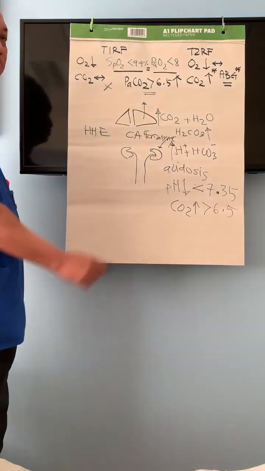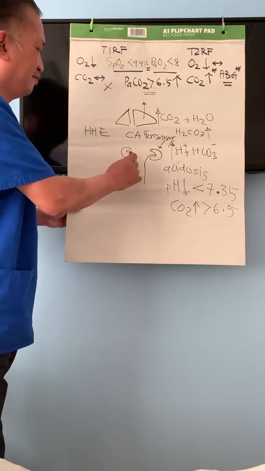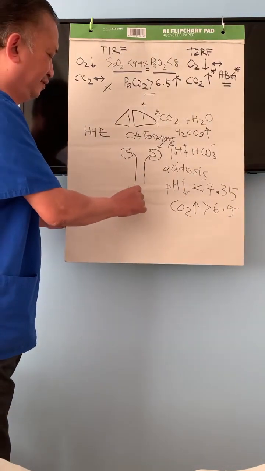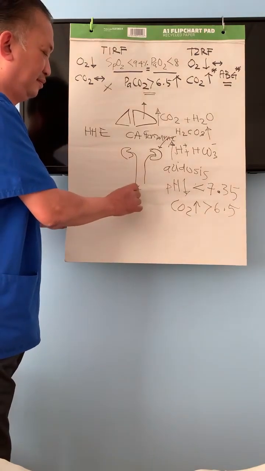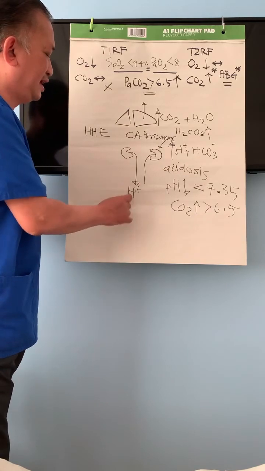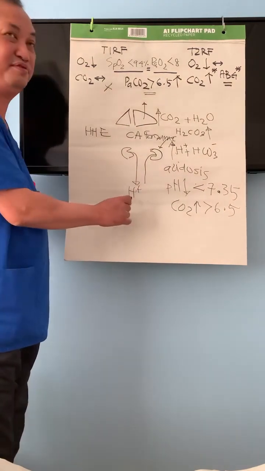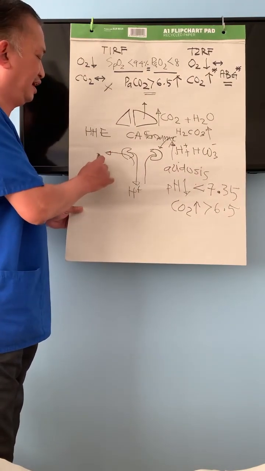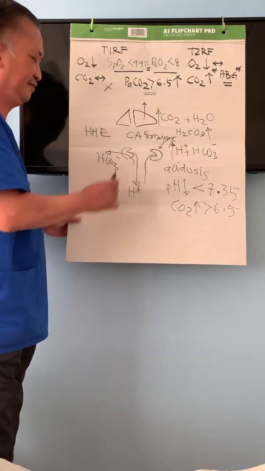After that, when carbon dioxide rises, H plus rises. So what is the kidney doing? The kidney is trying to remove the increased H plus in the urine. But for any molecule of H plus going into the urine, the kidney takes another molecule of bicarbonate in exchange.